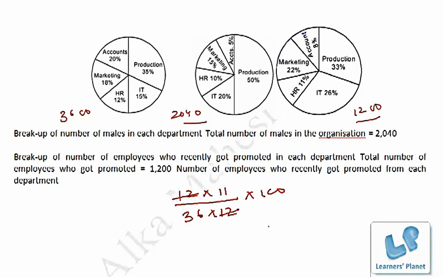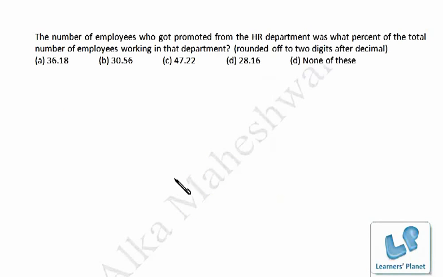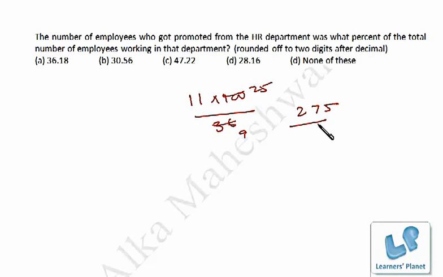So 1100 by 36 we have 49425. Now 25 into 11 is what? 275. That's by 9. So it's around 30 point something percent, and we have just a single option of around 30%. So be sure that this will be the correct choice. That is 30.56. No need to worry, right?